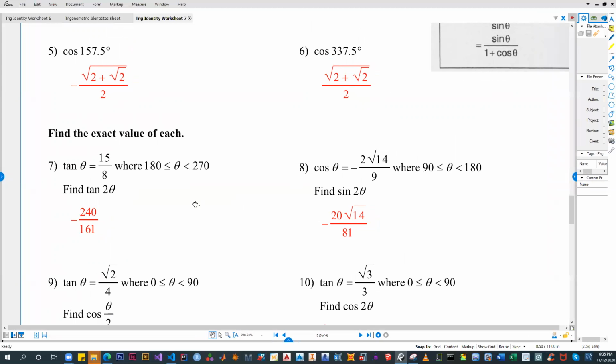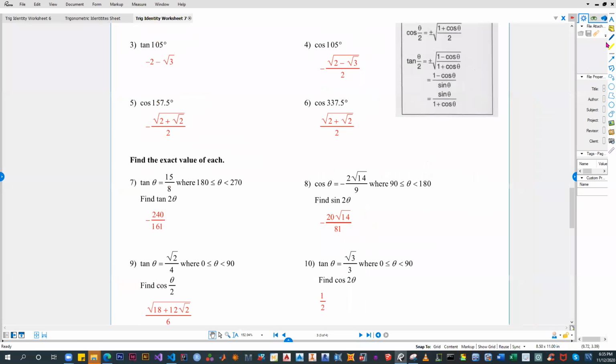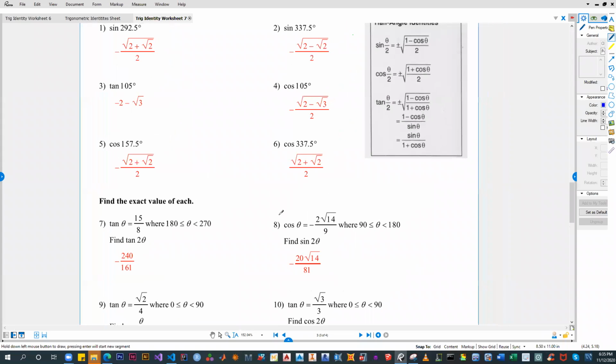Let me see, tan of phi is 15/8. I think for this one, let me see, I can just try to tackle this.